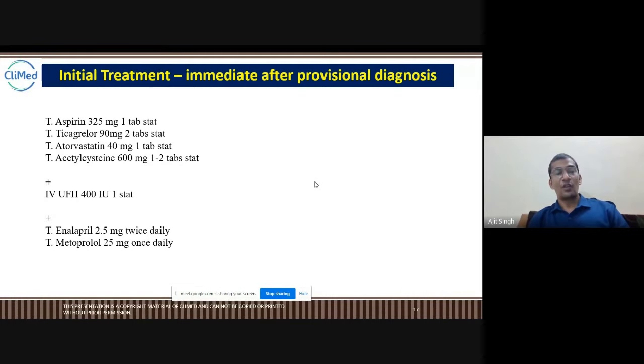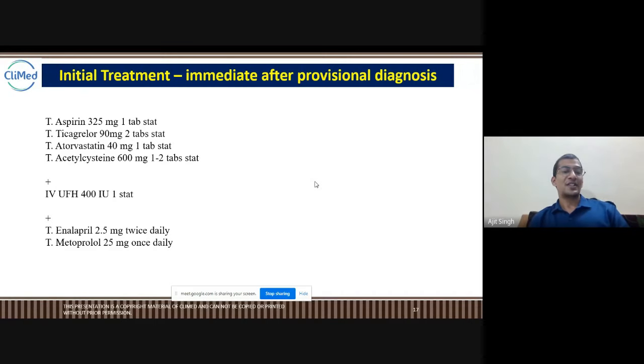Ticagrelor is available only in 90 mg, so we have to give 2 tablets. Aspirin 325, 1 tablet immediately. Once you find out that the patient is STEMI or NSTEMI or unstable angina, immediately give these drugs.